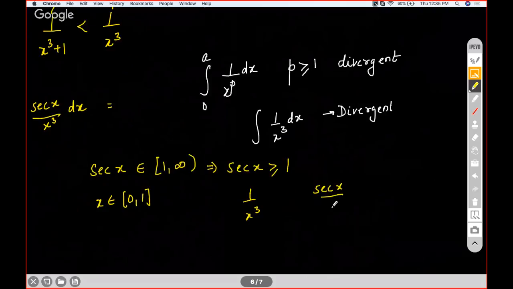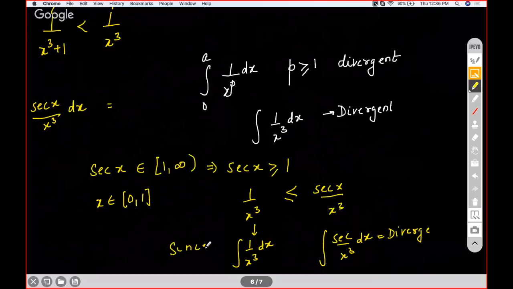Sec x by x cube. Which means it is greater. So if the integral of 1 by x cube is diverging, then the integral of sec x by x cube will also diverge. So the answer is it will diverge.